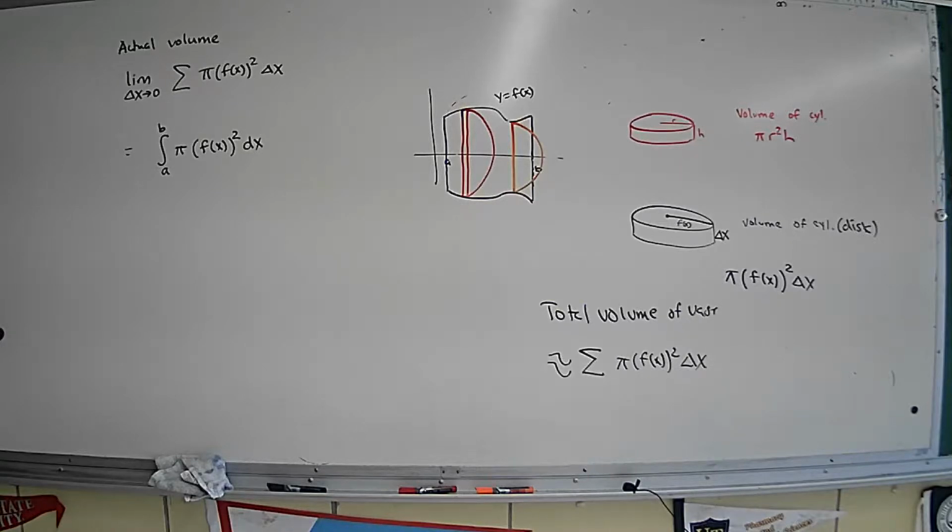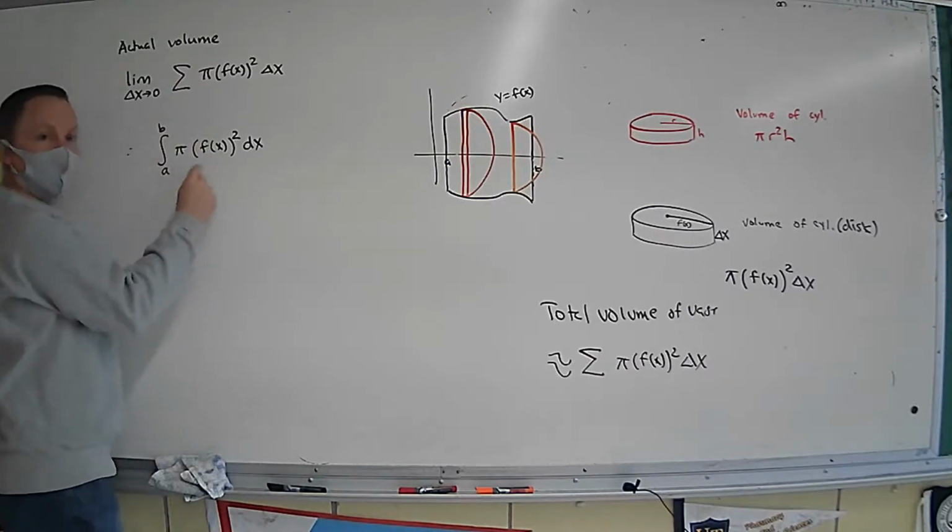And the radius of those slices is determined by what? Where you are in the vase. And what is the radius? The y value, the f of x value. Okay? This right here, that's what you're adding up.